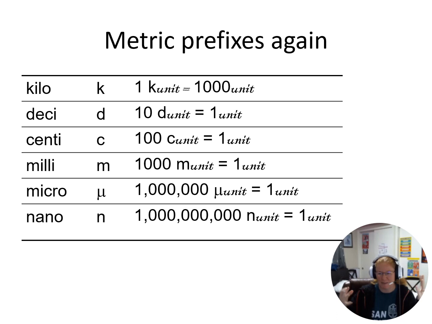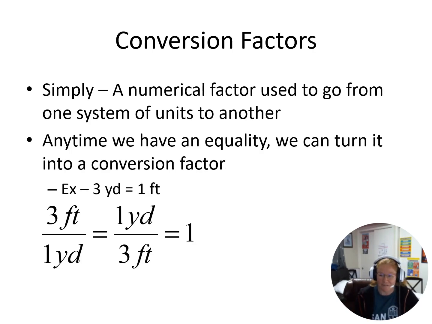Somebody didn't convert something, and boom, crash, explode, lots of money, lots of time, went up in smoke. So conversion factors allow us to go from one unit to another. So anytime we have an equality, we can turn it into a conversion factor. And so what we'll do is we will set it up such that the units we want to get rid of cancel out, and the units we want to convert to end up getting moved into that.